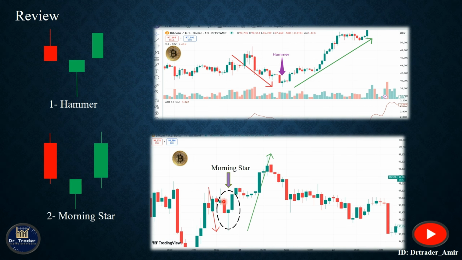It shows that the market was so sensitive to this candlestick pattern, and it changed the trend from downtrend to uptrend, and the price increased from $95,000 to more than $99,000, and this substantiates how strong the morning star candlestick pattern can be.